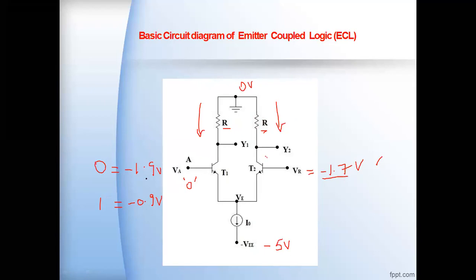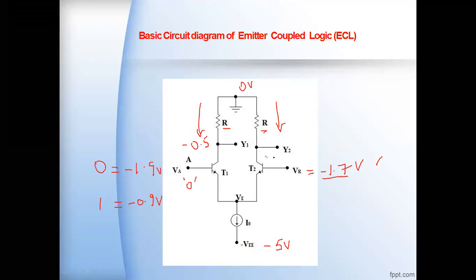Because of the smaller input voltage, the current flowing is lower, so the voltage drop is low. For example, let's say 0.5 volts. These are only examples, not exact values.